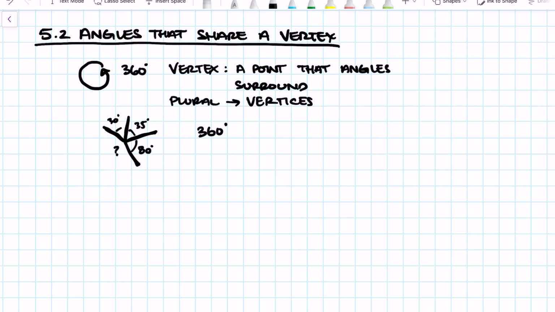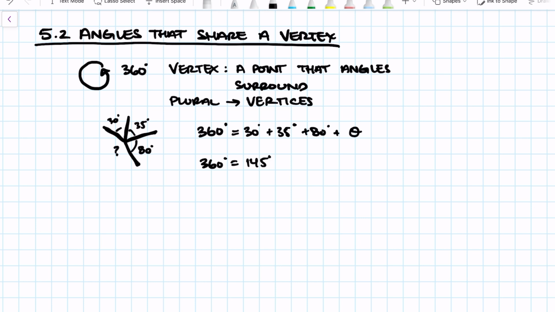So it's going to be 360 degrees, and 360 degrees would equal 30 degrees plus 35 degrees plus 80 degrees plus whatever this last angle is. Let's call it theta. We're going to use that symbol to signify the angle there.